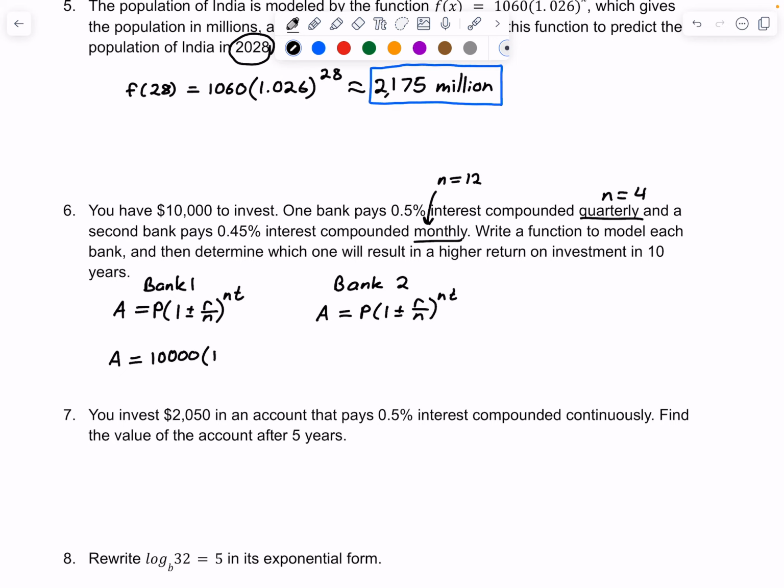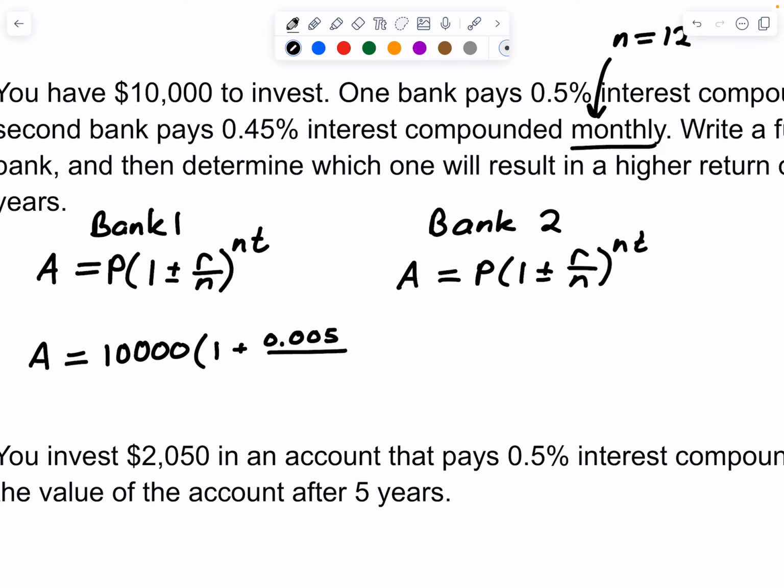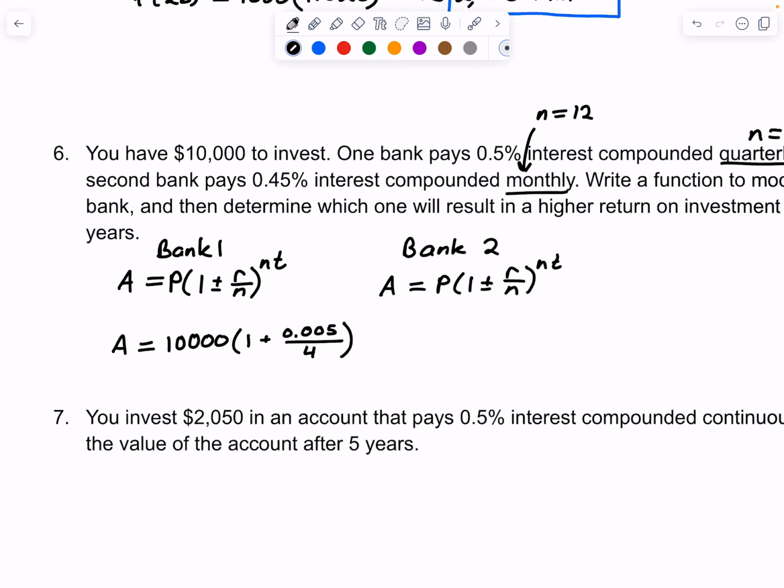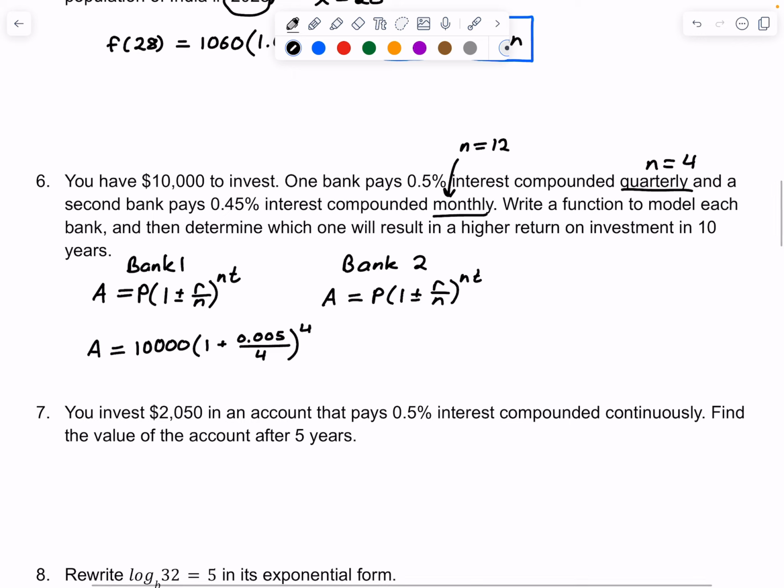It's going to be 1 plus, because I'm getting more money. R for bank 1 is 0.5, so convert that to a decimal. I get 0.005 over n, which is 4 for bank 1. And then it's to the power of 4 times 10 because we're doing it for 10 years.